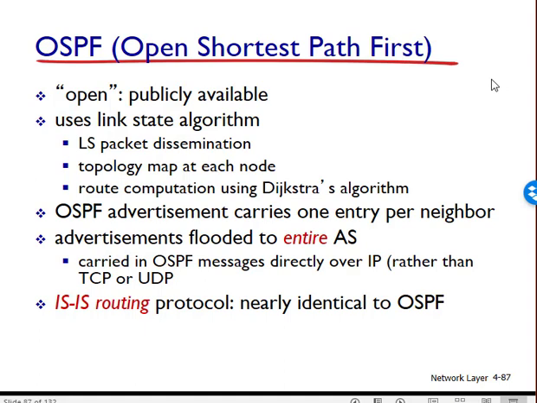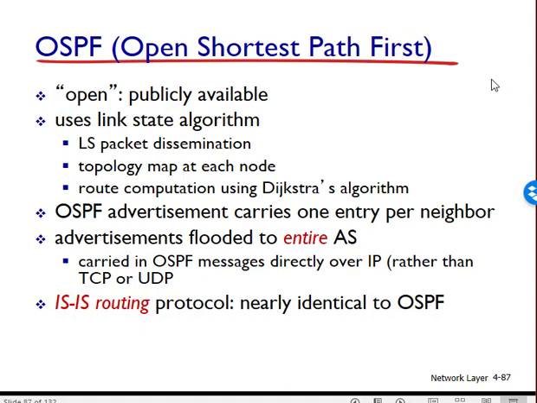OSPF was conceived as the successor to RIP and as such has several advanced features. Basically, however, OSPF is a link state protocol that uses flooding of link state information and a Dijkstra least cost path algorithm. You recall that RIP was distance vector.